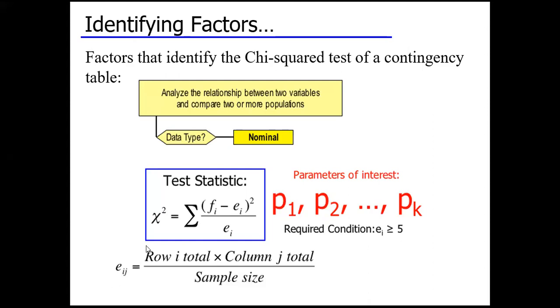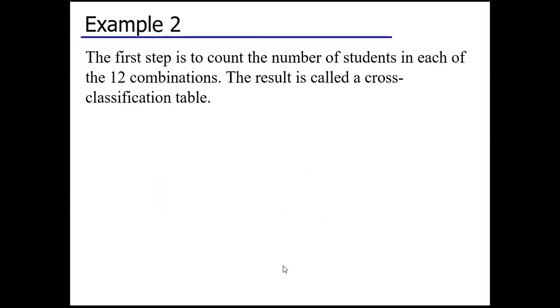Okay. This is the formula. It says the expected value for a particular row and a particular column is given by the total for that row and the total for that column, and you divide by the sample size. So let us check.